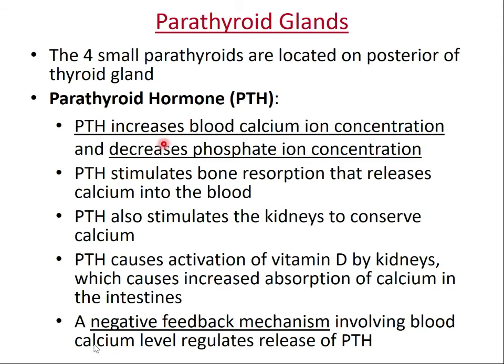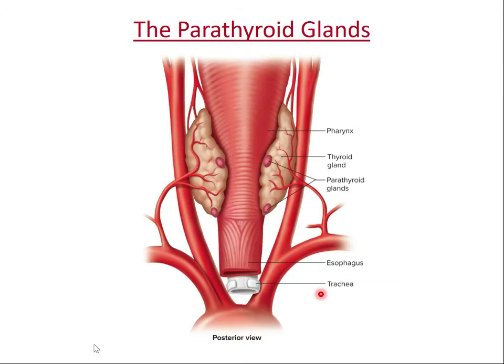So parathyroid gland increases the blood calcium levels in the body and decreases the phosphate concentration. And it also involves activation of vitamin D in the kidneys and has a negative feedback mechanism to help regulate this process.